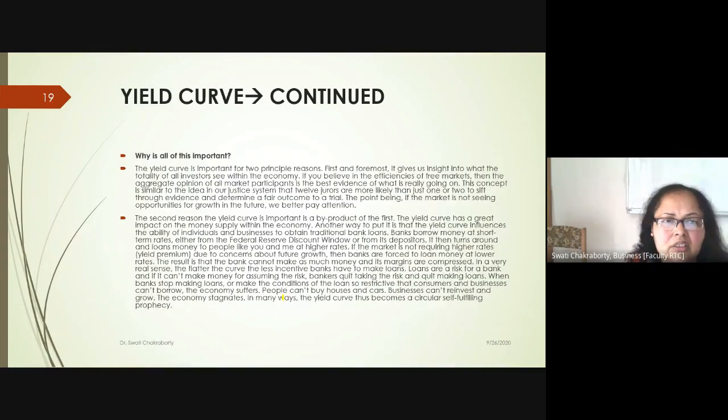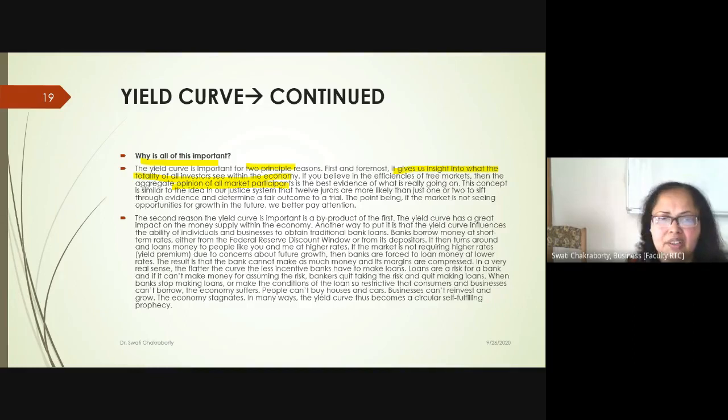Okay. So why is all of this that we're talking about important? Because of two reasons. First and foremost, when we talk of the yield curve, it gives us an insight into what investors see within the economy as a whole, right? If you as an investor believe in the efficiency of free markets, then the aggregate opinion of all the market participants is the best evidence of what is going on.